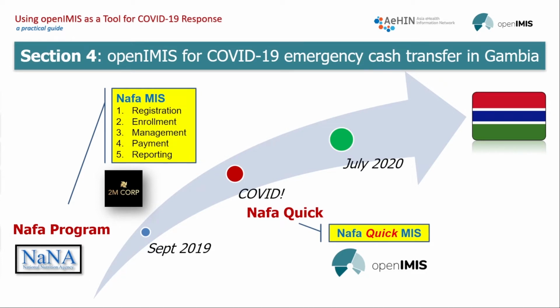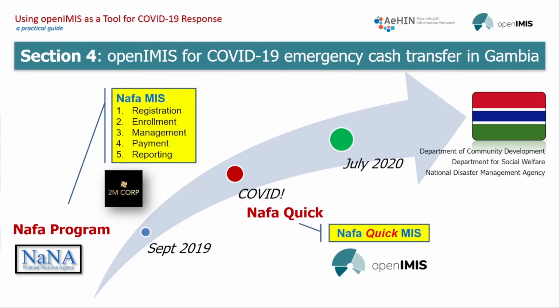Aside from NANA and the implementing agency, openIMIS as the management information system and 2M Corp as the software developer and technical guide, the implementation of the NAFA Quick program involved a lot of other moving parts and actors. Gambia's Department of Community Development and Department of Social Welfare were other government agencies tasked to partner with NANA in the program's implementation.